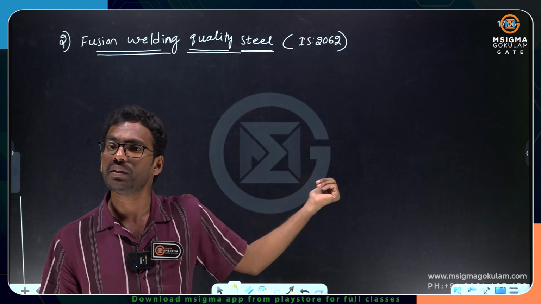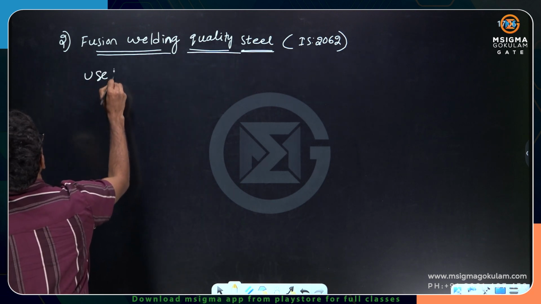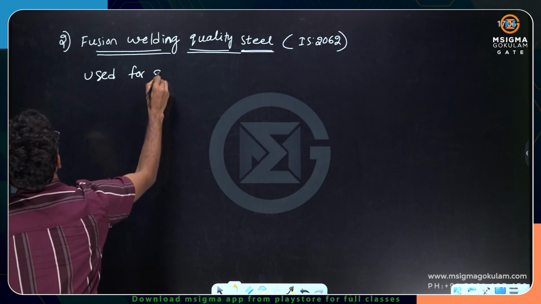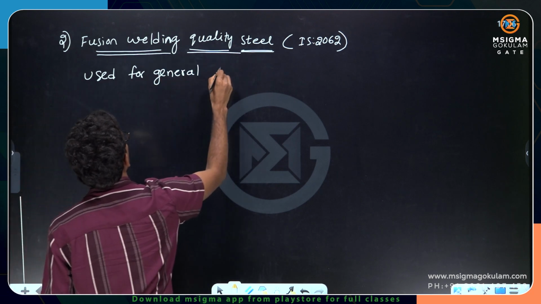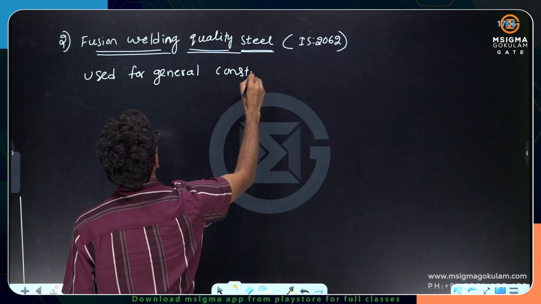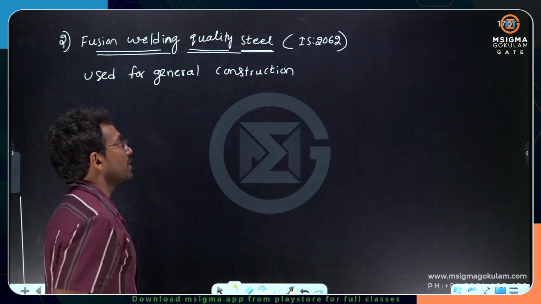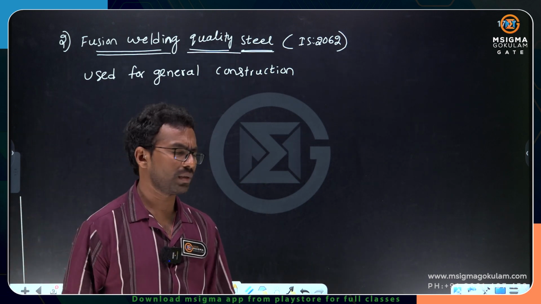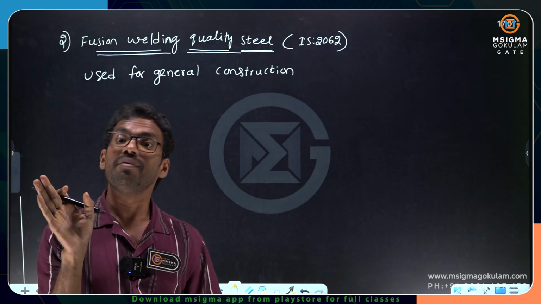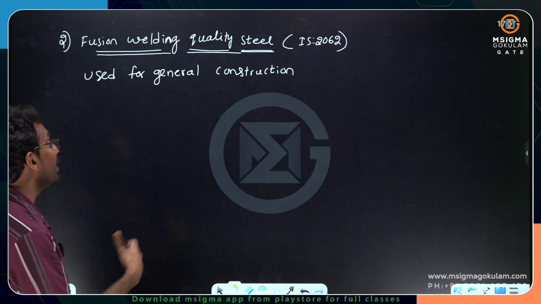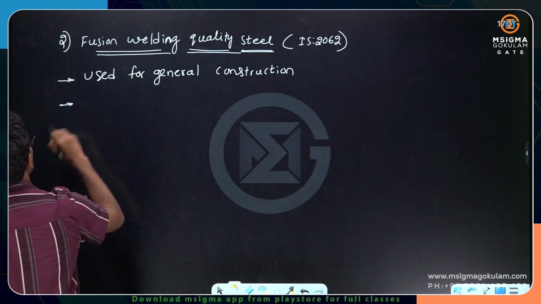It is also used for general construction purposes of buildings, bridges, industrial structures, transmission towers, etc. Anything, whatever it is. But particularly suitable for welded connections, best useful for welded connections.